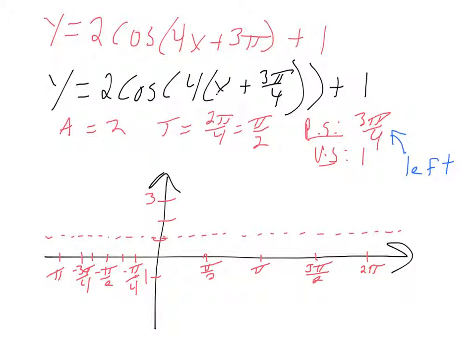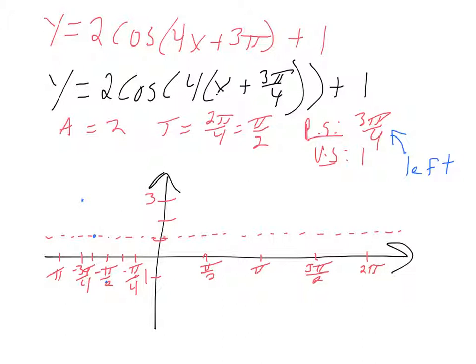Okay, so let's go ahead and start drawing this. Our function is cosine, so that means we're starting at our maximum value and then going down from there. So our starting point should be 3, our maximum, at our phase shift starting point, which is negative 3 pi over 4. Then we'll get down to our midline value by negative 5 pi over 8, and down to our minimum value at negative pi over 2.